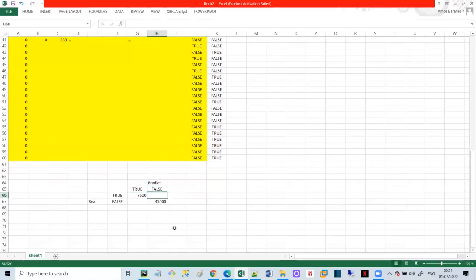Fair enough? So, 7,500, I was absolutely right. This is good. The higher the number here, the better it is. The higher the number is here, and I would like not to have any number here. A good algorithm will have a 0 here, a 0 here. Is that right?